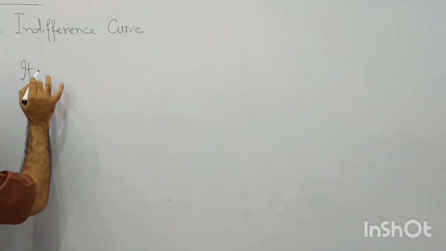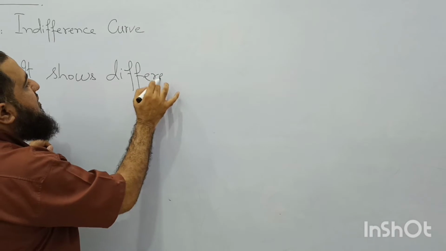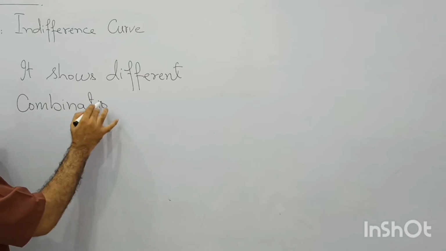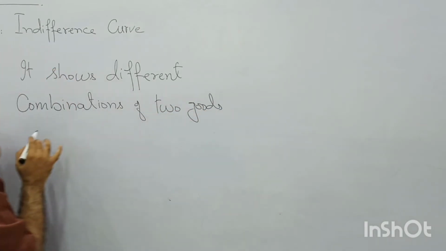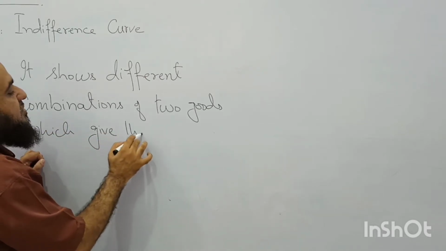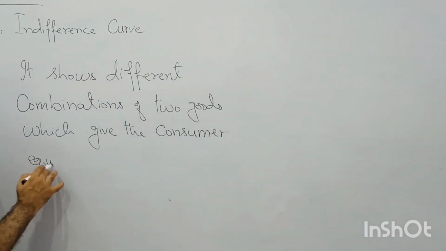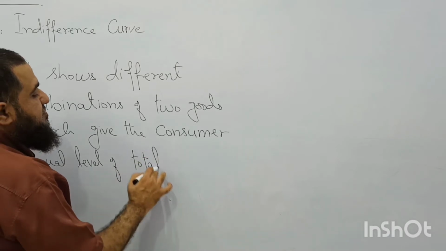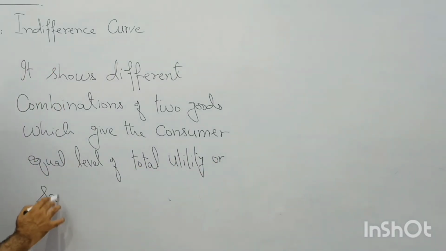It shows different combinations of two goods which give the consumer an equal level of total utility or satisfaction.